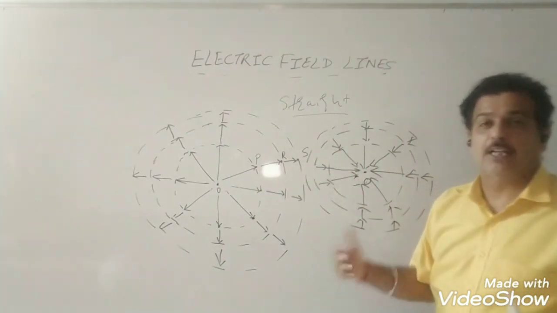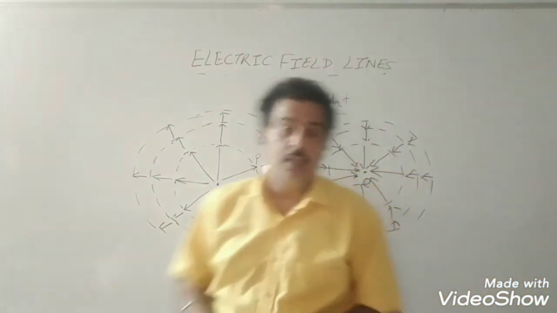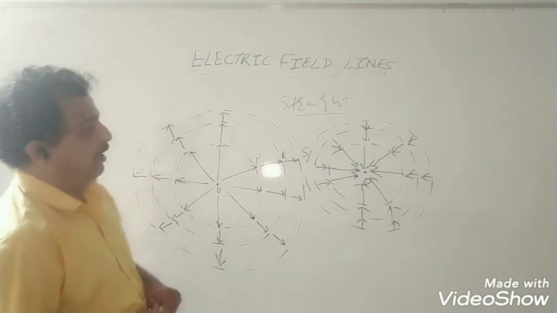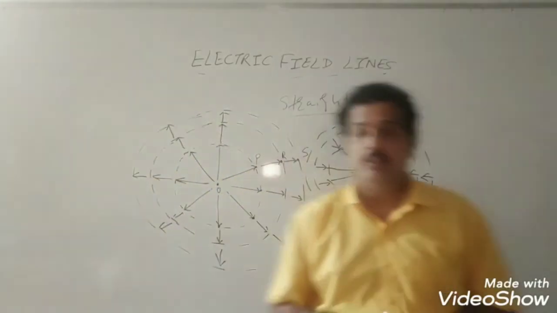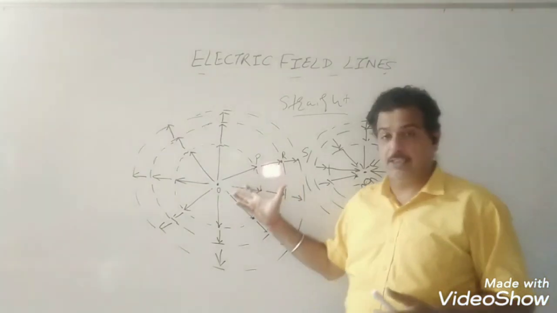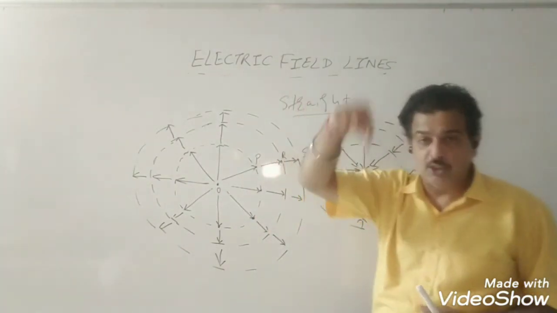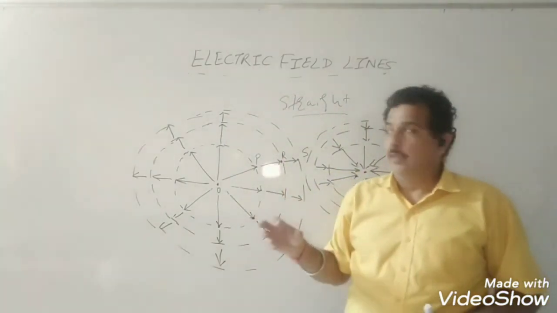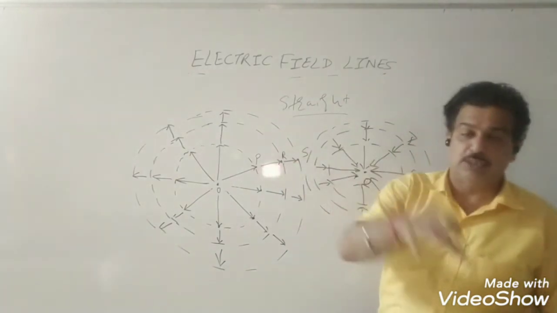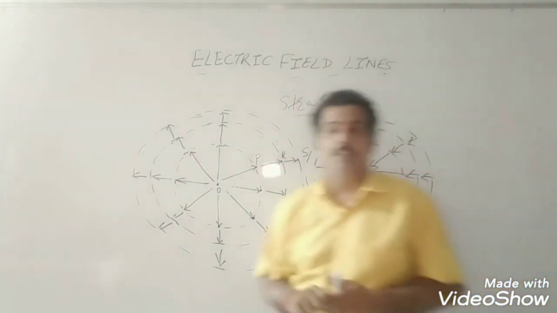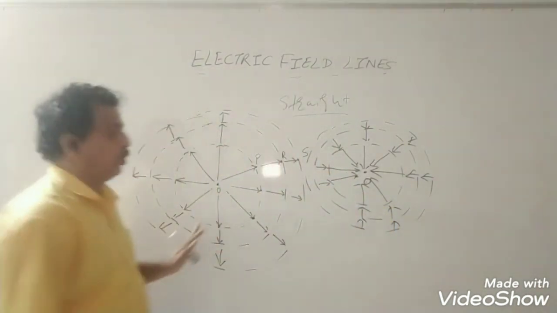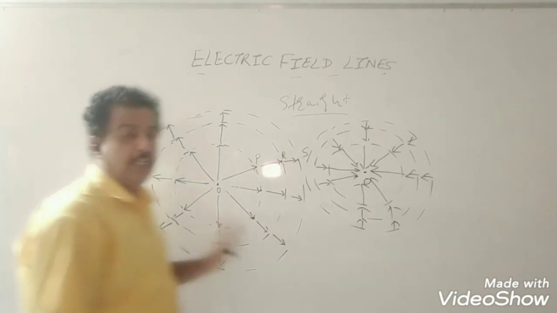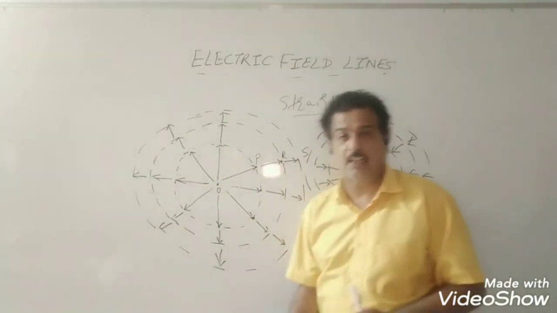Field lines can be curved if we have a system of charges. Electric field is a reality.